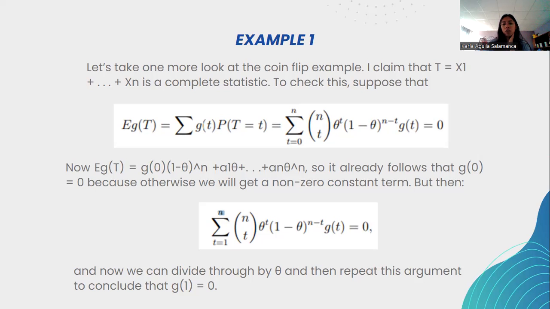But then we have the sum from t equal to 1 to n of the combination of n and t times theta to the power of t times 1 minus theta to the power of n minus t times g of t, and this is equal to 0. Now we can divide through by theta and repeat this argument to conclude that g of 1 is 0.